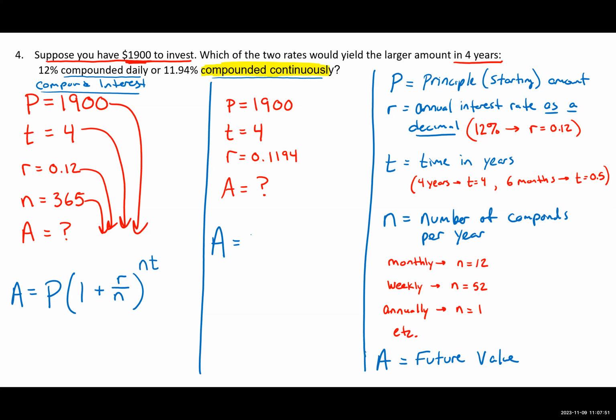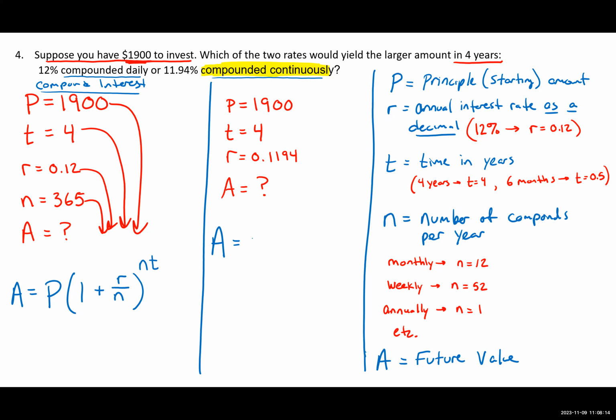For continuously compounded interest, the explanation uses a little bit of calculus, this idea of limits. As the value of n goes to infinity, this formula starts to change, and the number e starts to emerge. I'm not going to do it; it's a little outside the scope of this course.